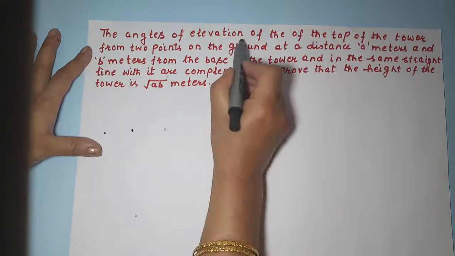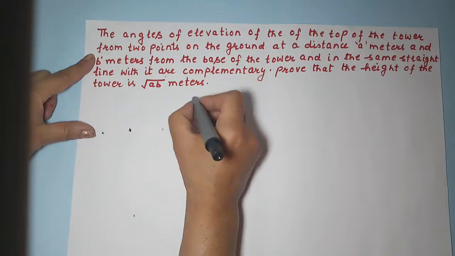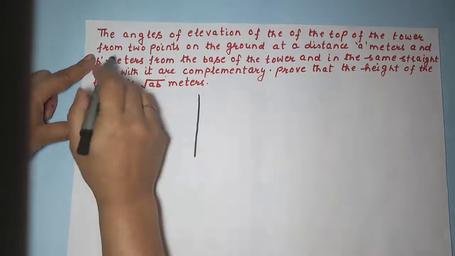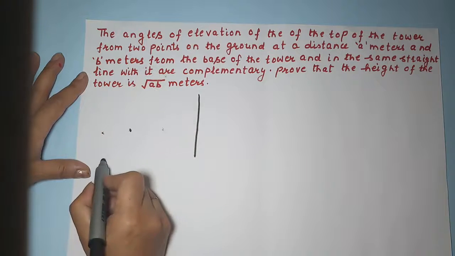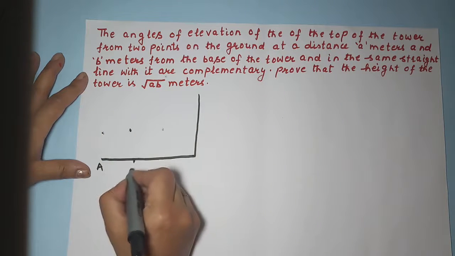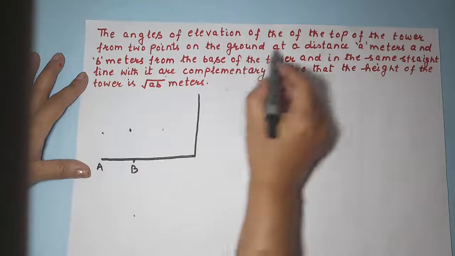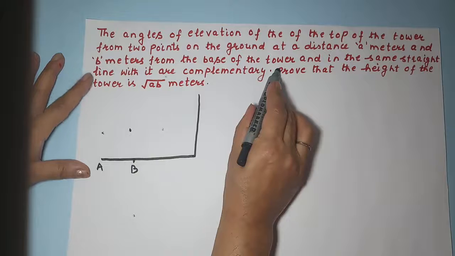The angles of elevation. So there are two angles of elevation of the top of the tower. Let's make the tower. From 2 points on the level ground. So I have 2 points on the level ground. Let me make those. This is A and this is B. Right? A meters and b meters from the base of the tower.